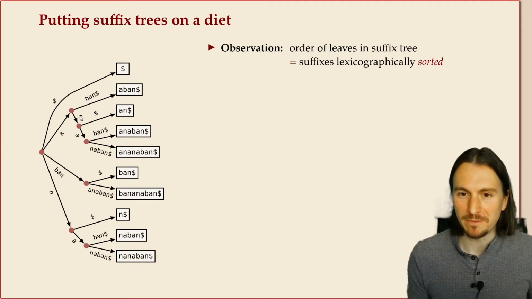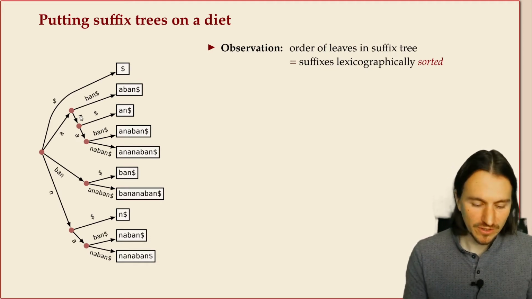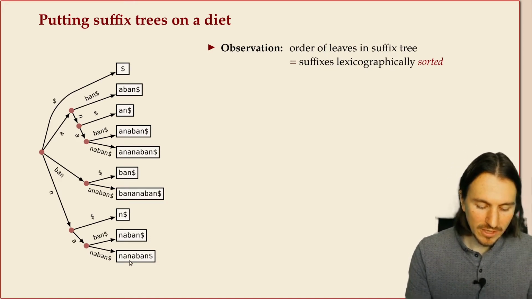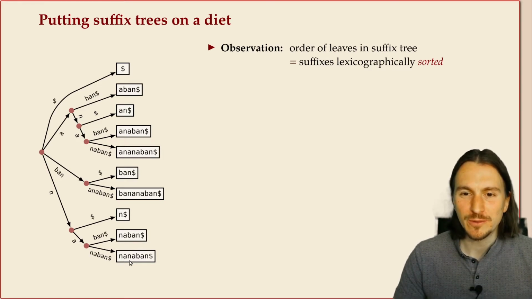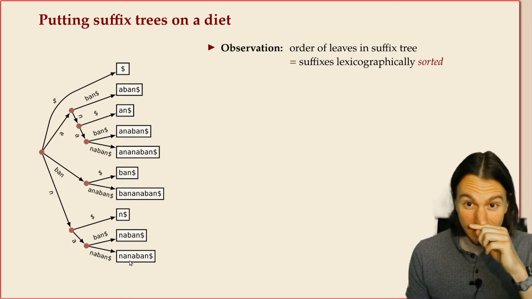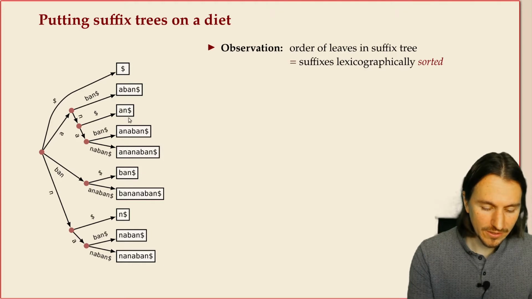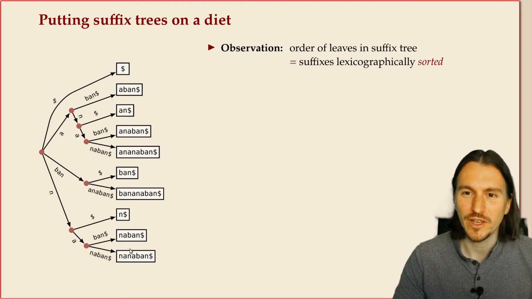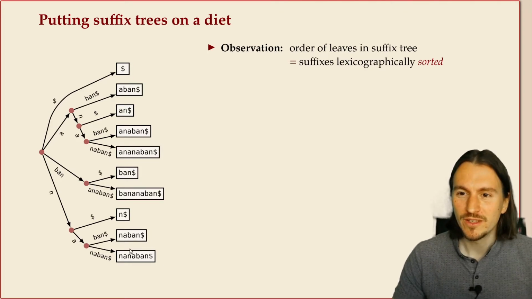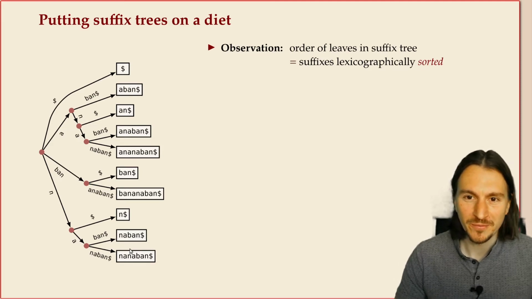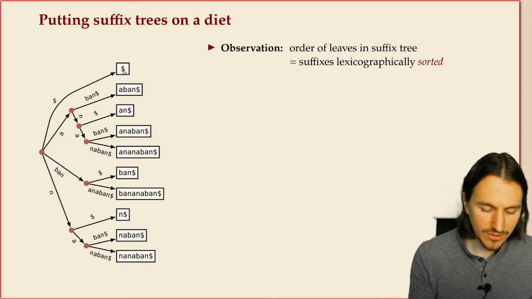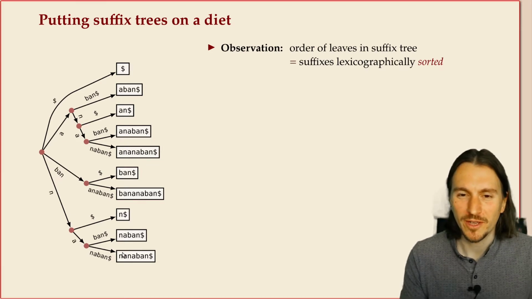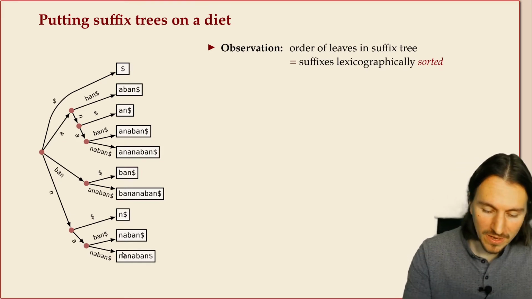B comes before N. If I do this and I look at my list of leaves, I notice that the leaves list the suffixes of the text in sorted order. They're sorted lexicographically. Dollar is the smallest, then comes A-ban, then AN, and so on and so forth. Okay, that's a simple observation.